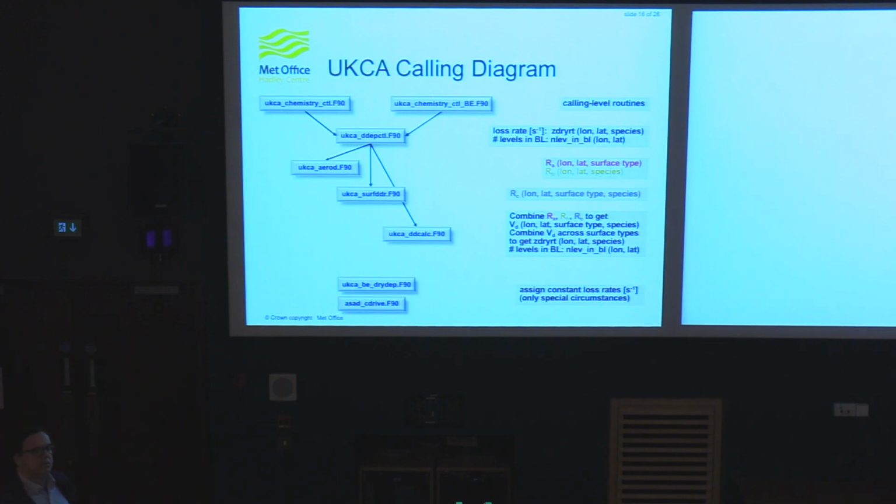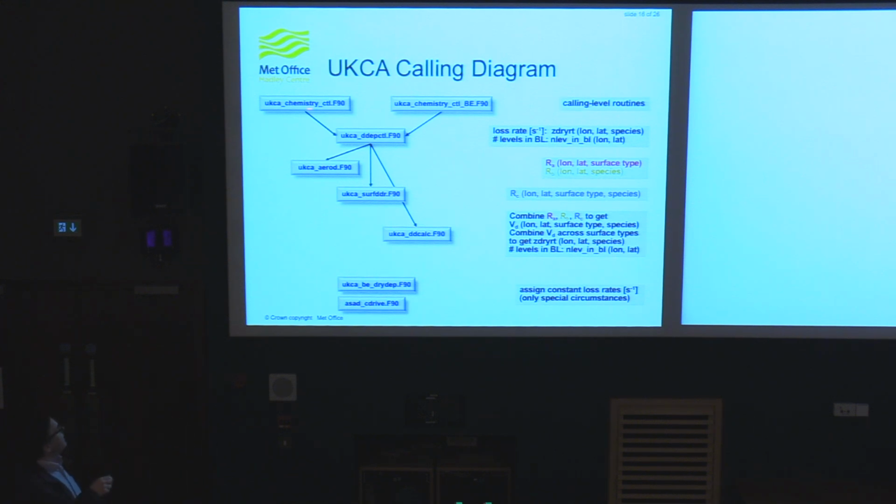In principle, there are two ways of using dry deposition. One is the fully interactive, one is an older one which uses, in the end, something like prescribed deposition velocities. The option is there, I think, but no one uses it anymore, really. So maybe in the future we're going to take that out even.